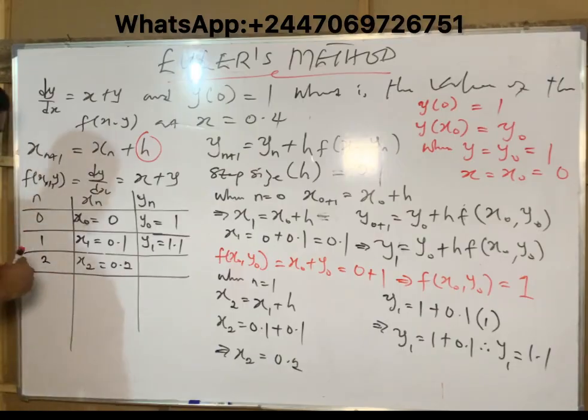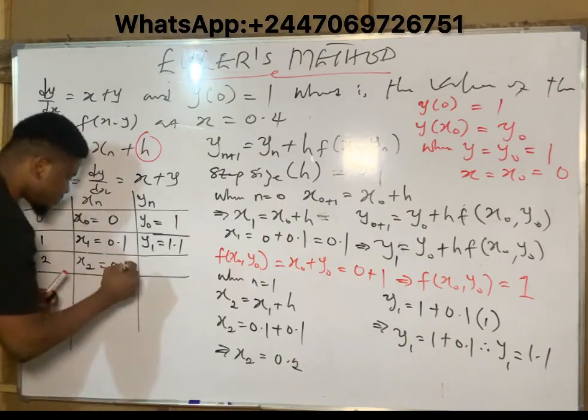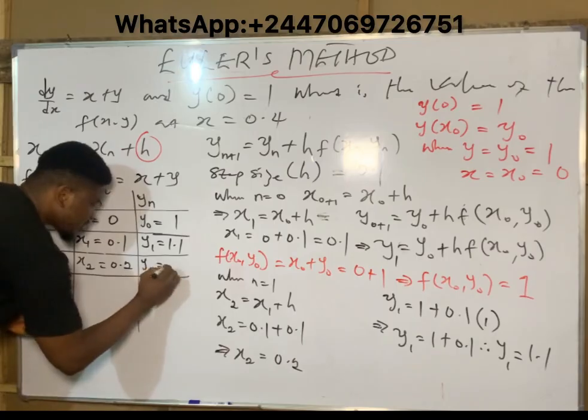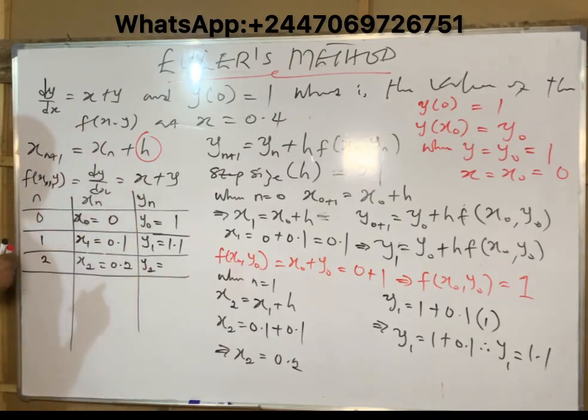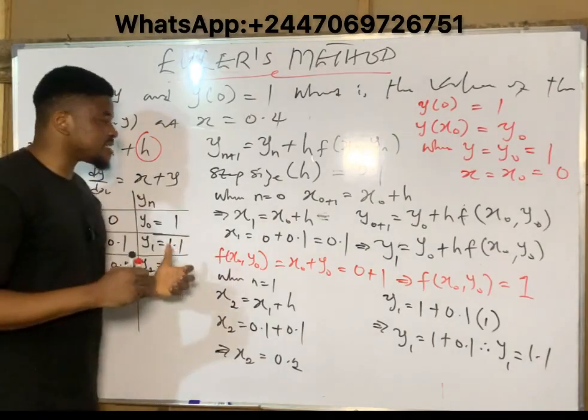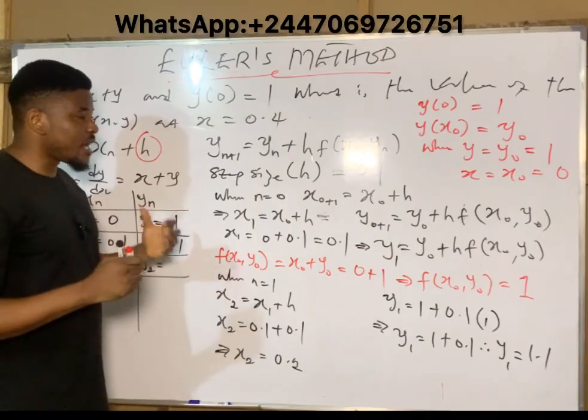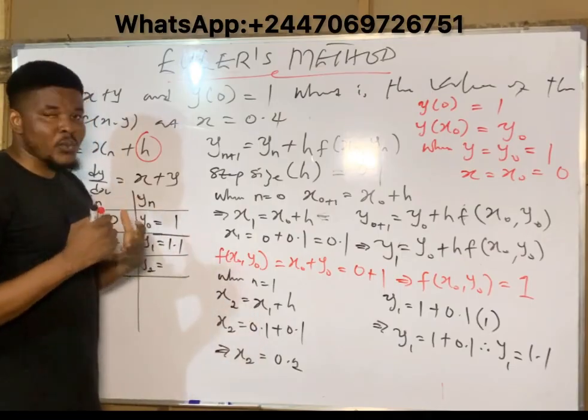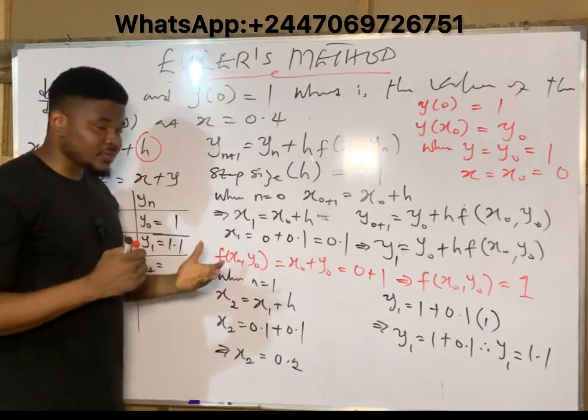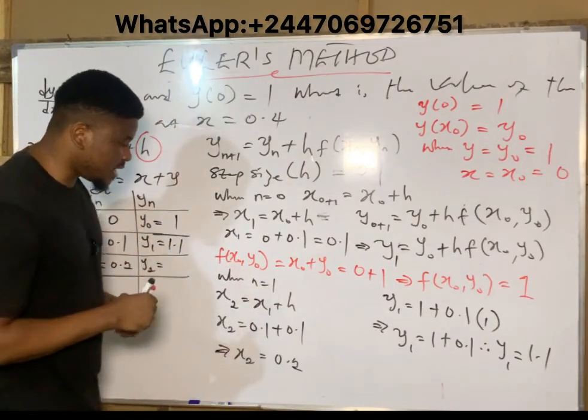That is settled. Next, I find what? My y becomes y2, when n is equal to 2. So what then is y2? We repeat the same process that we've done. So now we are plugging in the previous values of y into the equation to obtain y2. So let's do this and see.